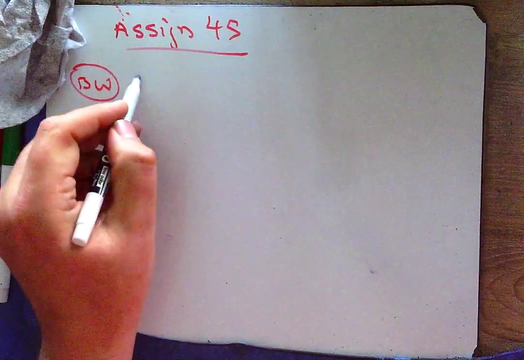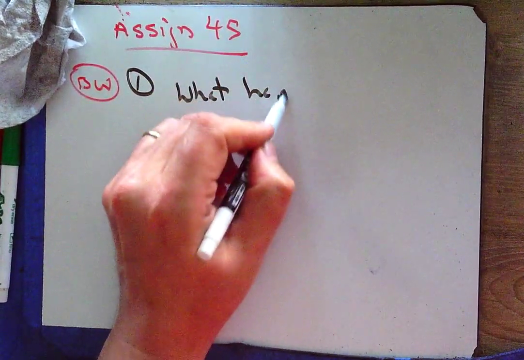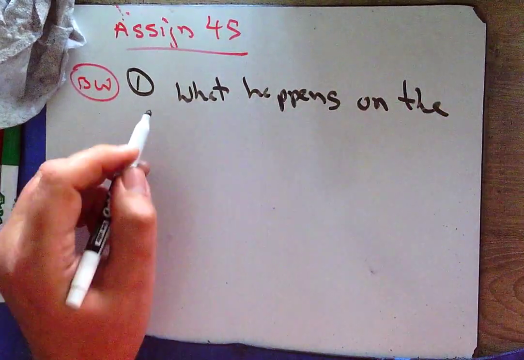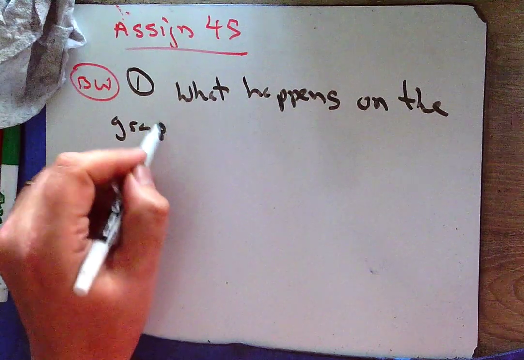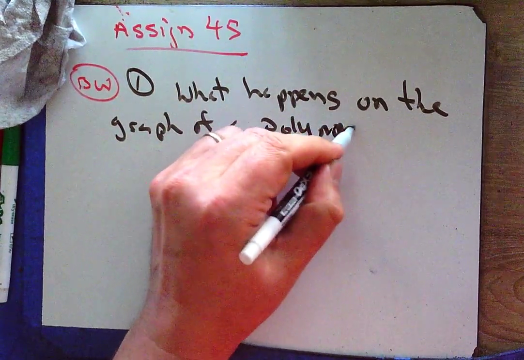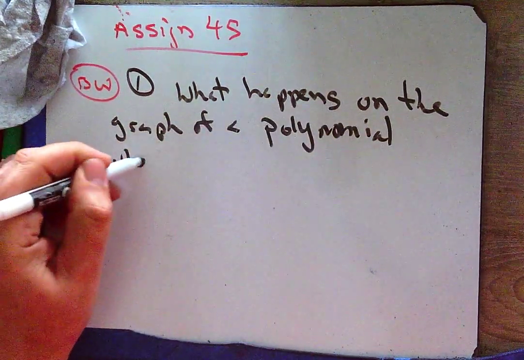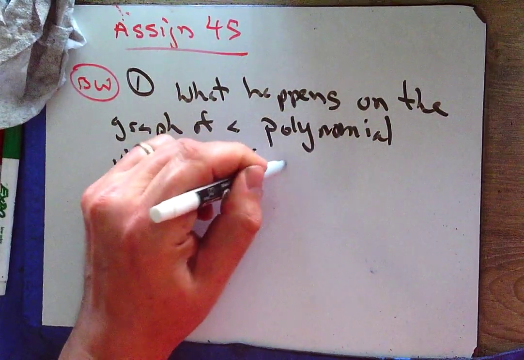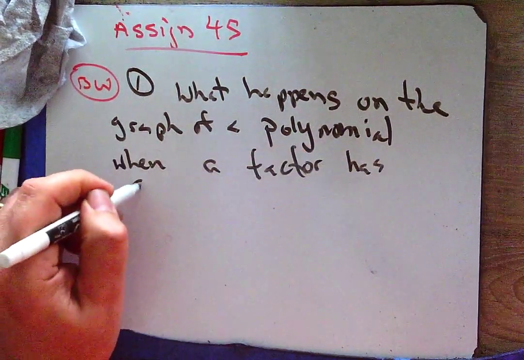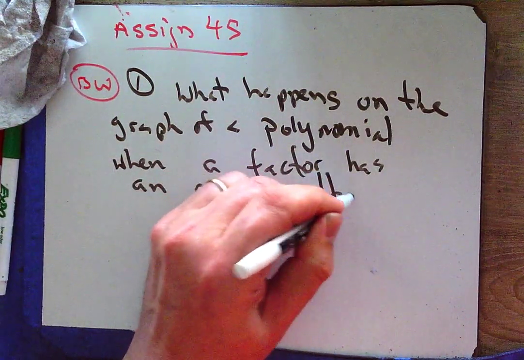1. What happens on the graph of a polynomial when a factor has an even multiplicity?